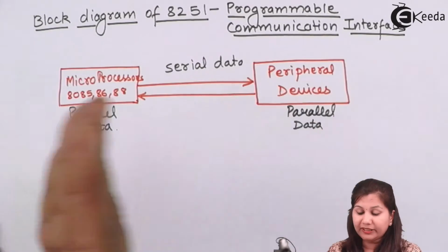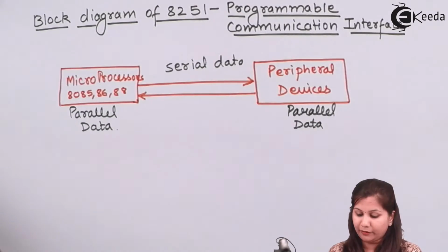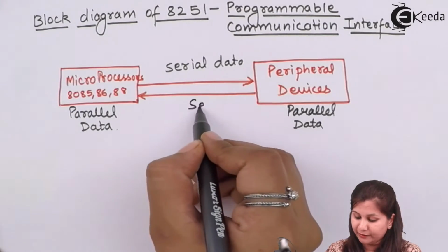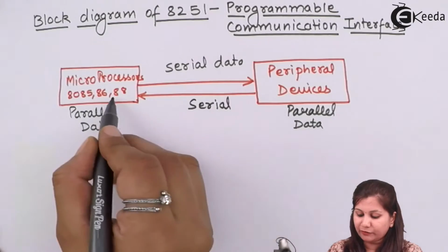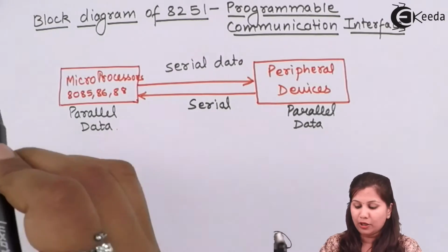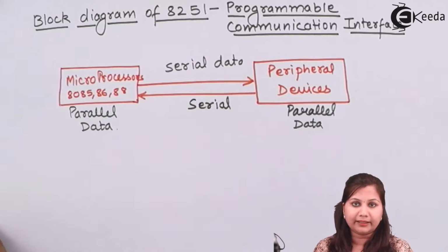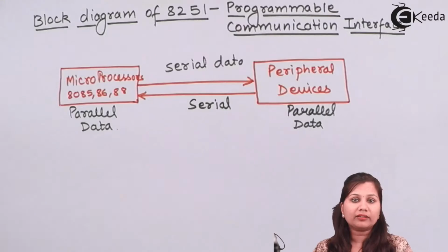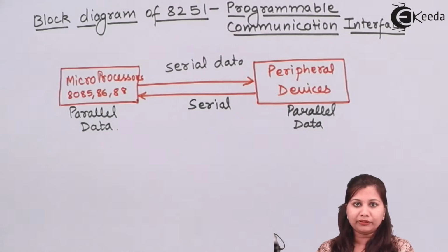Now when these peripheral devices are sending the data to the microprocessor, they have to convert the parallel data again into serial form, and the microprocessor converts the serial into parallel so that it can process that data. In this conversion, the microprocessor gets busy and cannot perform other operations. It will be engaged in the conversion of parallel to serial and serial to parallel form of data.